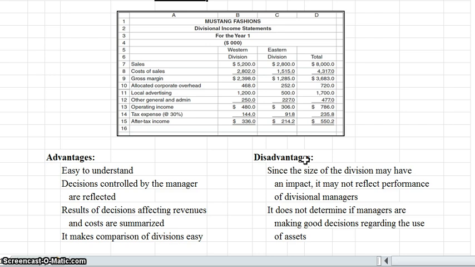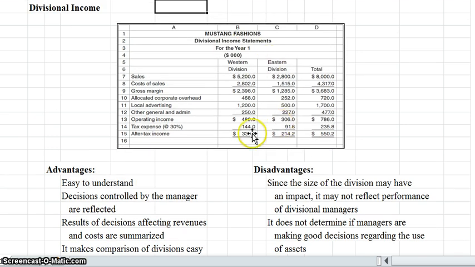It also doesn't let us know if perhaps there is a focus on future rather than current, so perhaps they're building their division. It also doesn't take into account how much invested assets they have. Again, we're considering size, how big their territory is. So there's a lot of things that are missed if we use this very simple way of evaluating a company. It doesn't really give us the full view of what's going on.